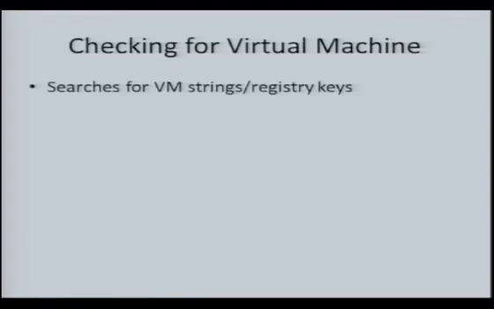The virus or the malware might check for a virtual machine. VMware is not stealthy. VMware Tools has a lot of registry keys. It has system drivers. It has a lot of stuff that makes no effort to hide. So you might see your malware go and look for those things to see if it's being run on a virtual machine.